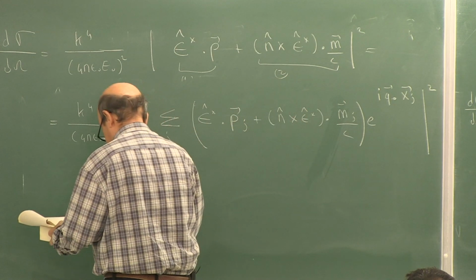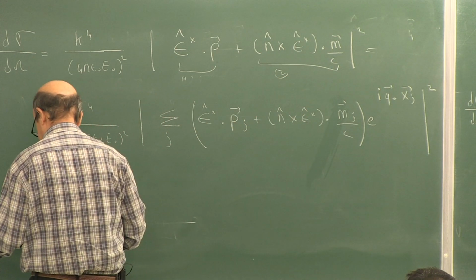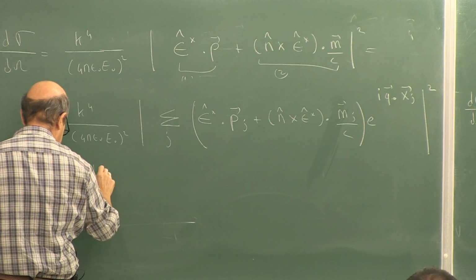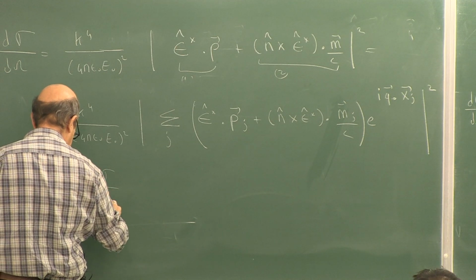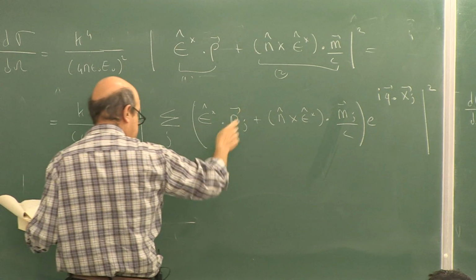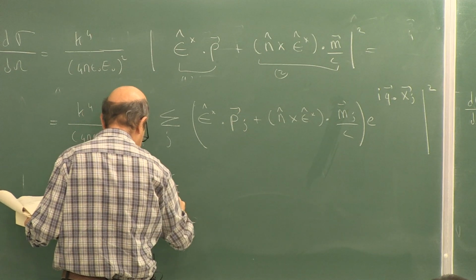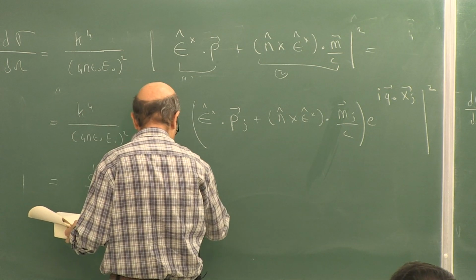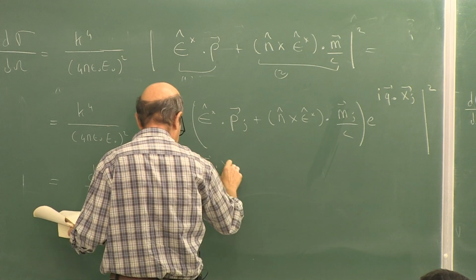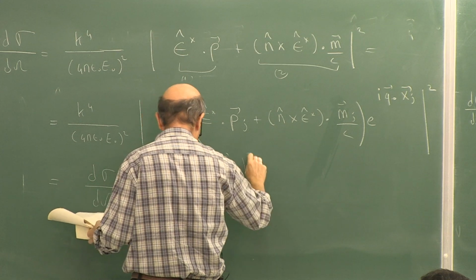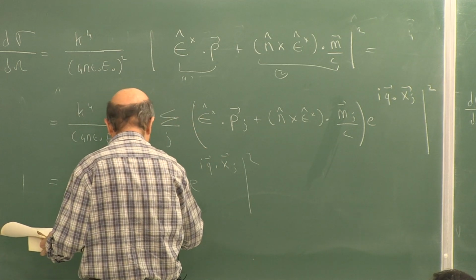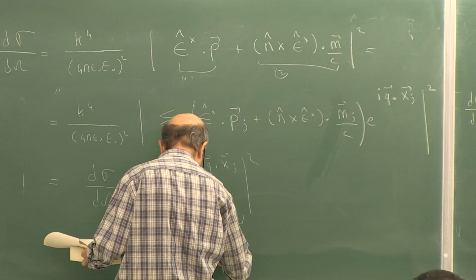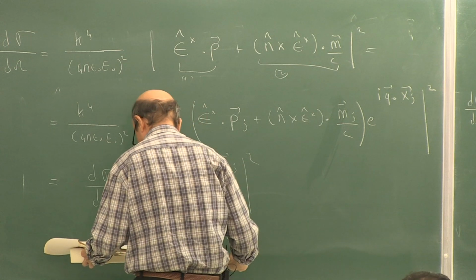So then you can write this whole thing in the following form: the scattering cross-section per solid angle for one scatterer times the square of the sum of e to the i q dot x_j. And this is called F of q. The name is structure factor.